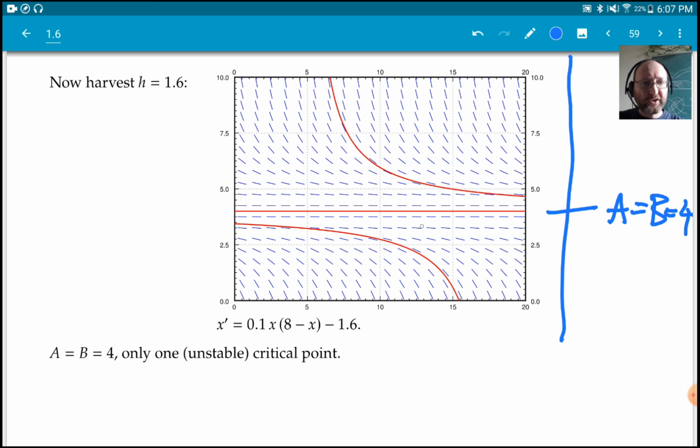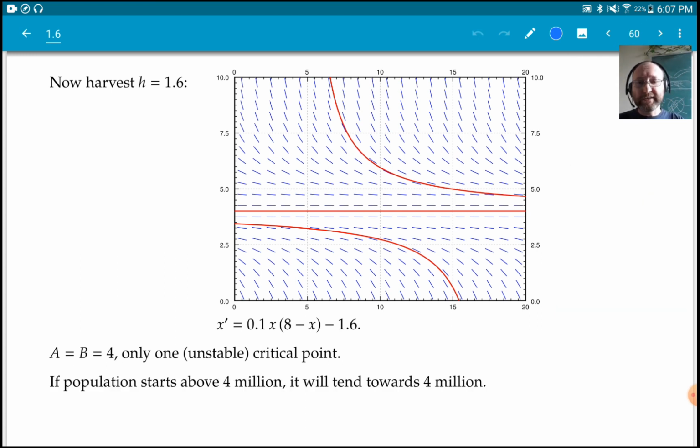And notice that over here it's negative, so I'm going down, and over here it's also negative, so I have this. There, that's my phase diagram, and you notice that if we start above 1.6, we're going towards the equilibrium. If we start below, we're just going to go back down to 0, right? So this is not stable, it is semi-stable, so not a stable critical point.